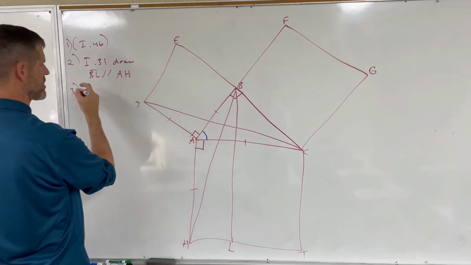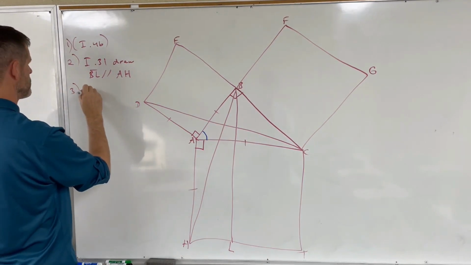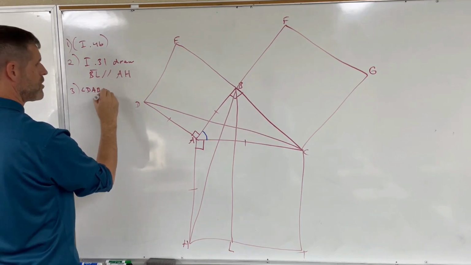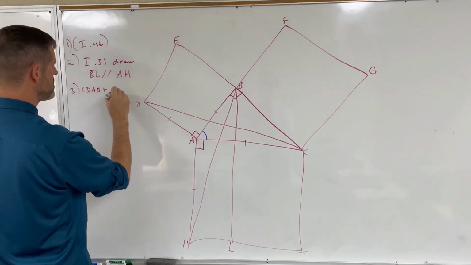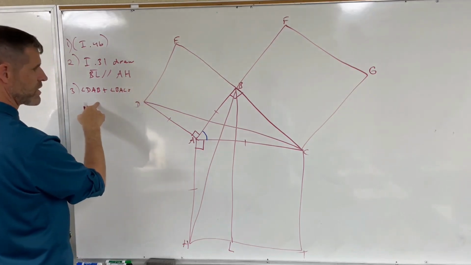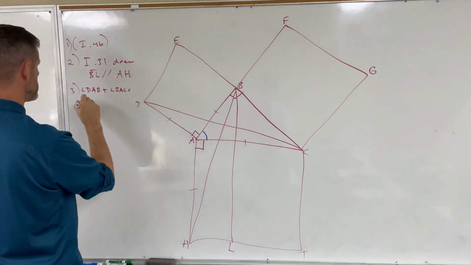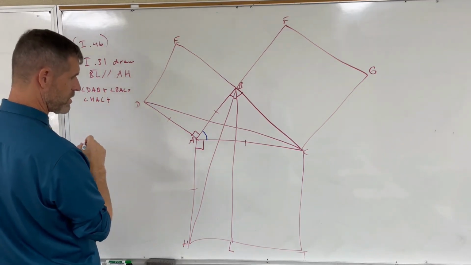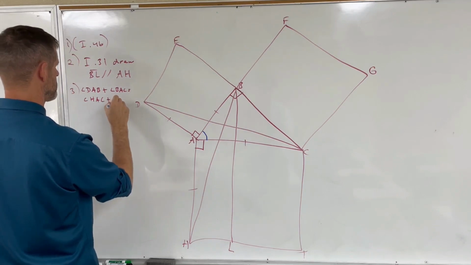So I'm going to write it up like this. I'm going to say that angle DAB plus the angle BAC equals, and I'll write this under here, the angle HAC plus the angle BAC.